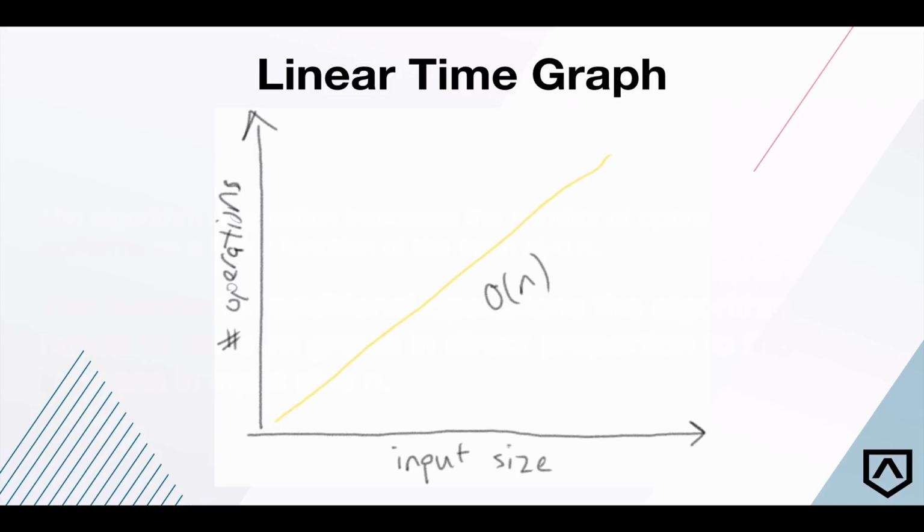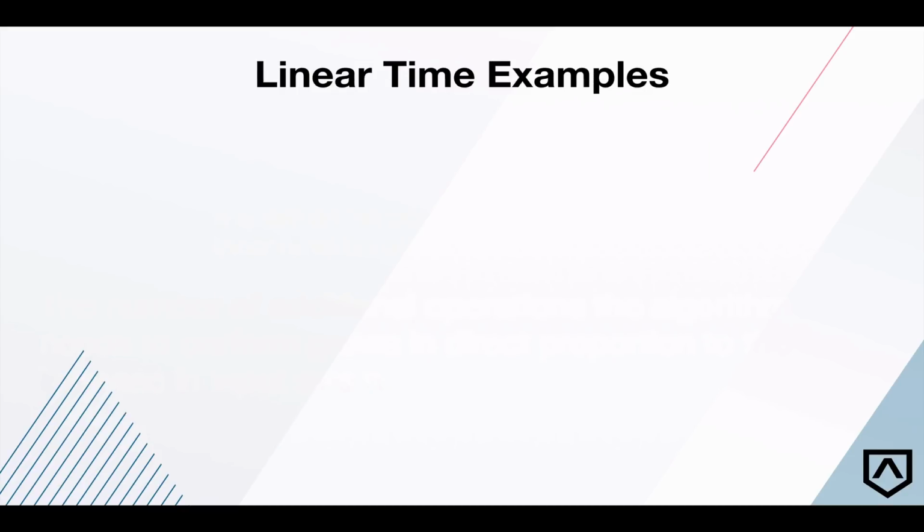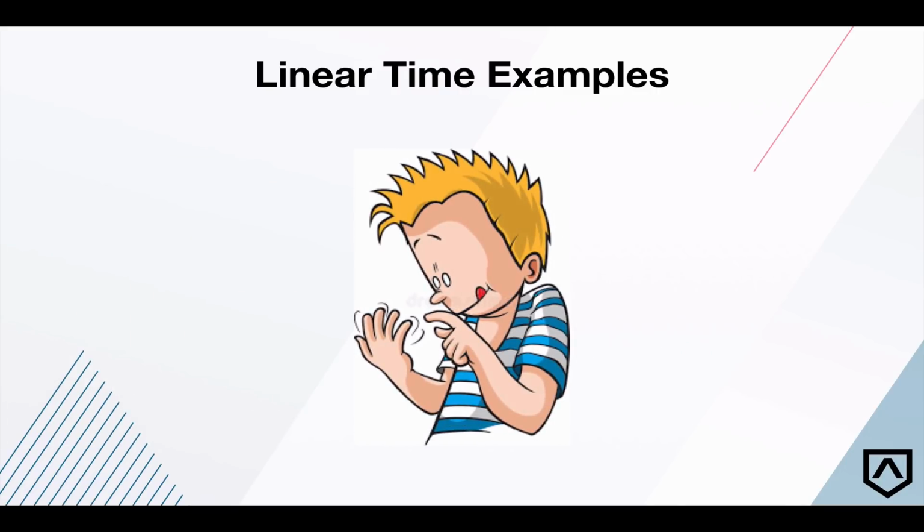So you can think of it as there's not going to be any secrets here. As far as examples of linear time, the most obvious might be just counting. If you're counting something, like marbles or coins, you need to look at every single coin.